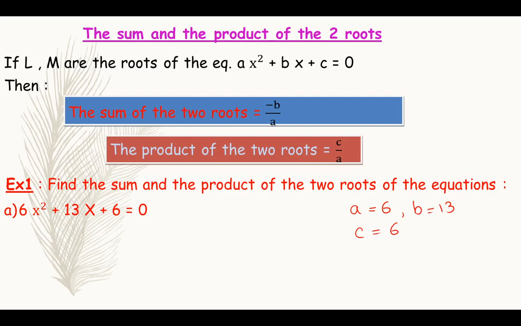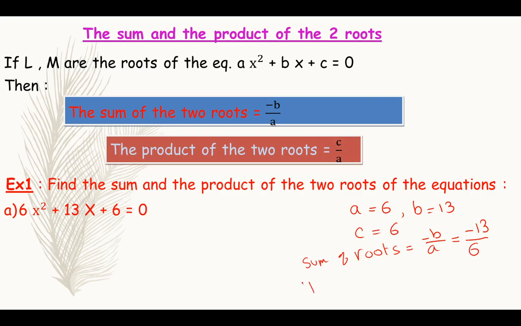So the sum of the roots equals negative b over a. Here b equals 13, so negative b is negative 13 over a, which is 6. So the sum of the two roots of the quadratic equation is negative 13 over 6.